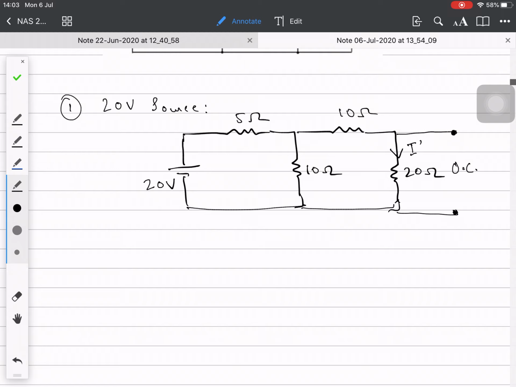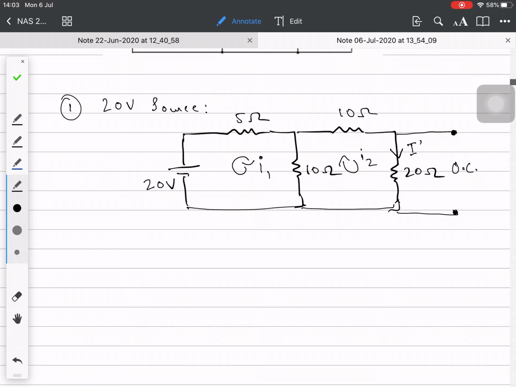Now the easiest way would be to use mesh analysis. So I am taking two currents here, I1 and I2. You can use any other method you are comfortable with, it does not matter. Ultimately we need to find I dash, which is equal to I2 in this case.